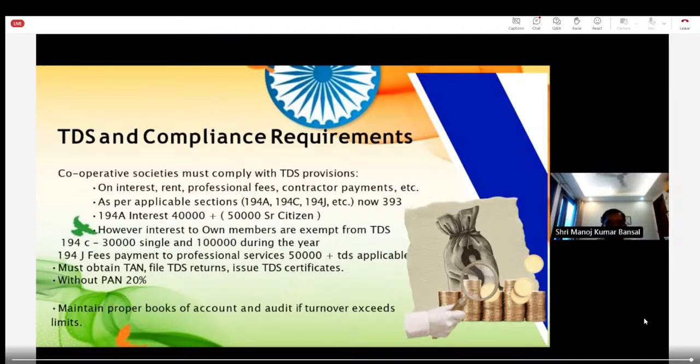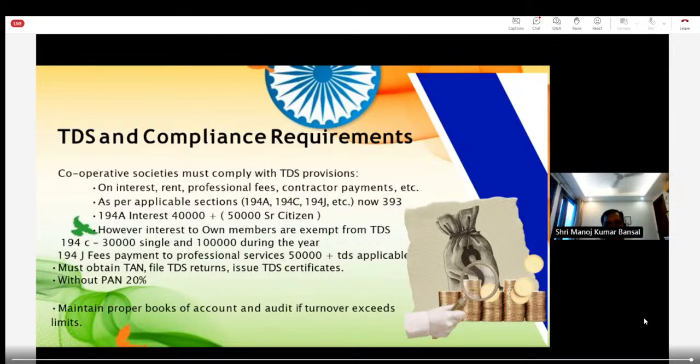So what are the rates for cooperative societies, cooperative banks? 194A says if interest paid is more than 40,000 rupees, then TDS is applicable.